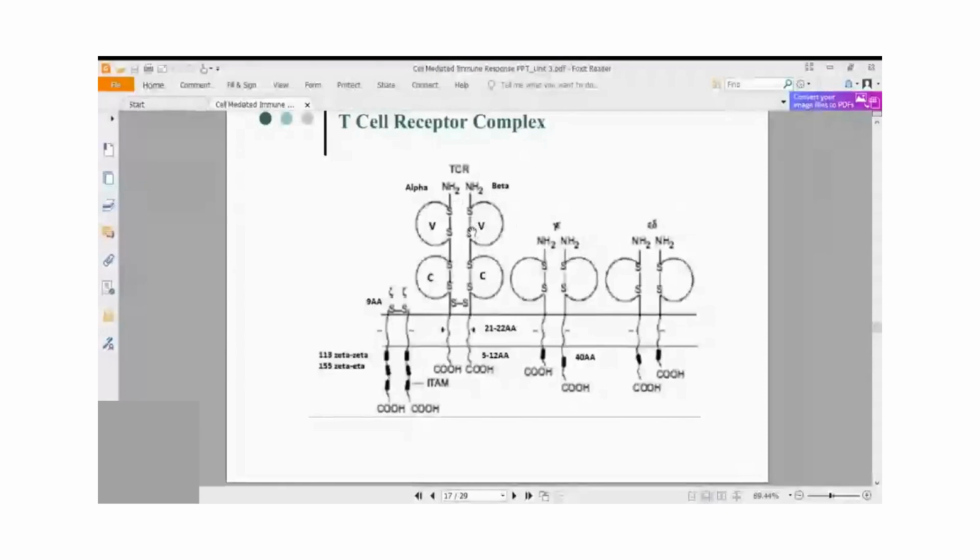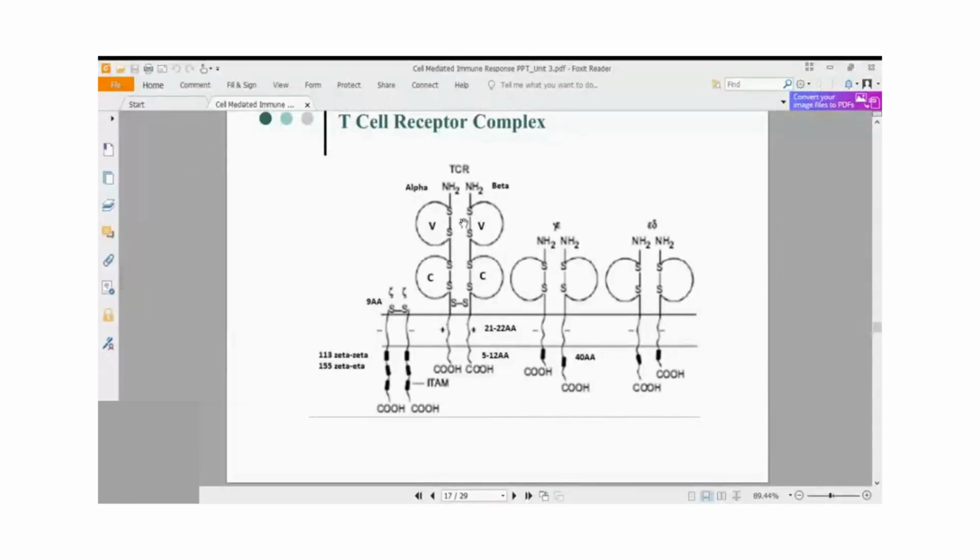Particular T cell, after establishing the contact with the self antigen on the thymic epithelial cell, depending on what class 1 MHC or class 2 MHC was involved in presenting the antigen. And we have already discussed, if it is class 2 MHC, that T cell receptor which established the contact with class 2 MHC will positively get selected to become CD4 T cell.